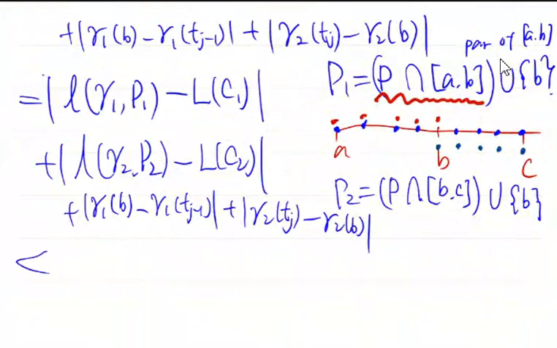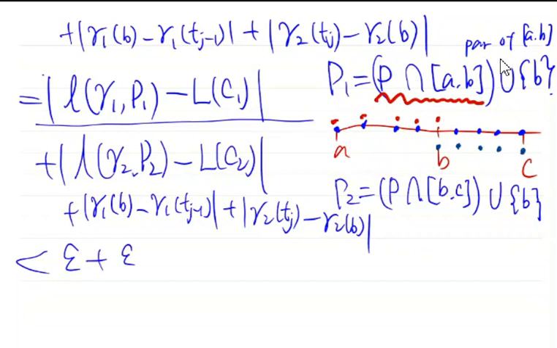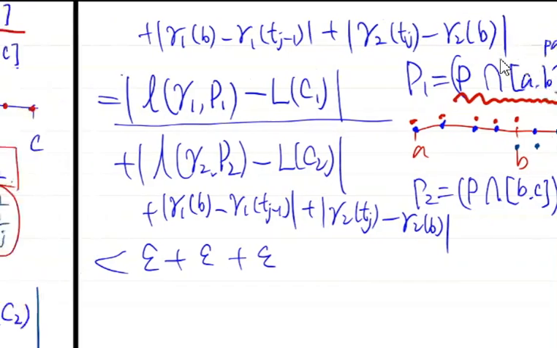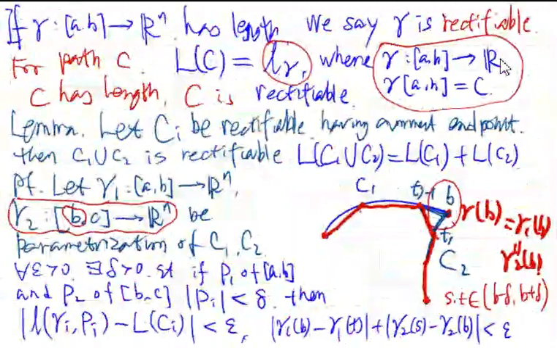Each part is less than epsilon. The first part is the length of the inscribed polygonal of gamma 1 under the partition P1, which is very close to the length of C1. Similarly, the second part is also less than epsilon. The third line is also less than epsilon, because this is the delta we chose, so that this is true.